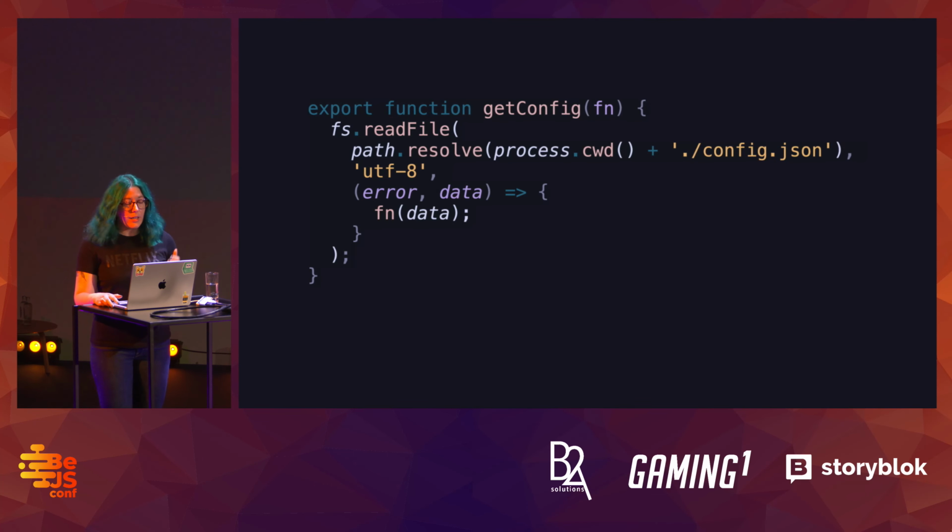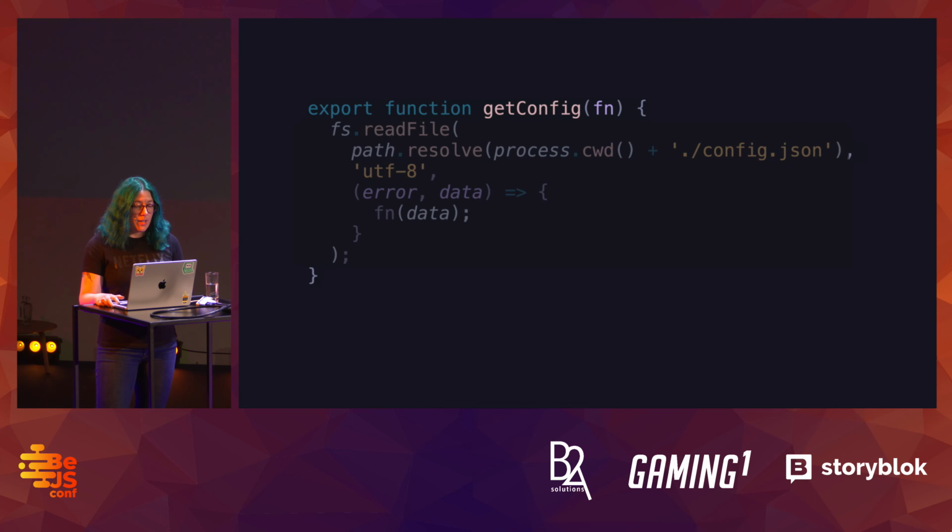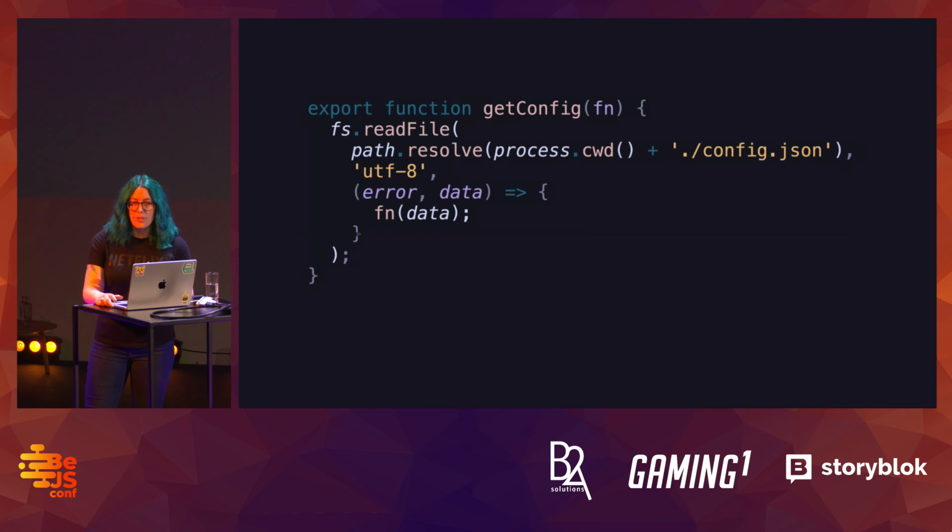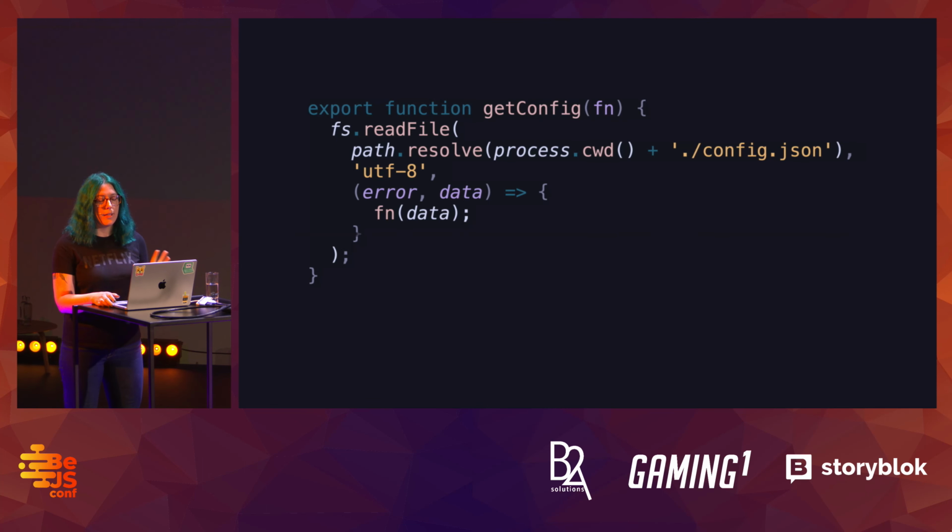So here is the getConfig function. And what we discover is that it takes a function, it reads the config file, receives back some data, which is the config file, and then it calls the function with that data. OK, so this doesn't really work how we expected it.